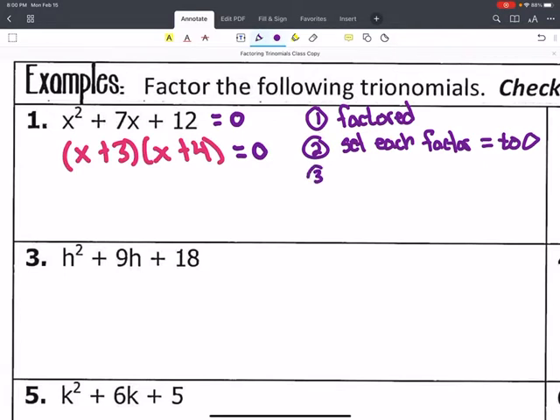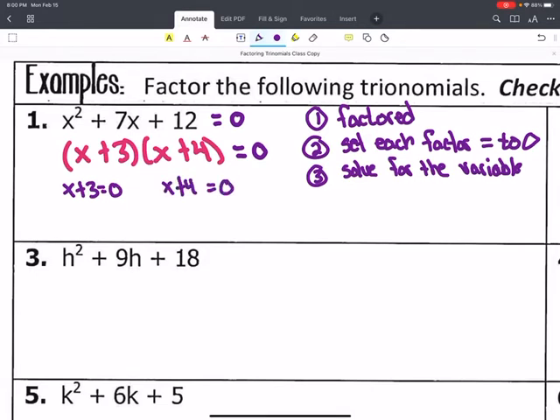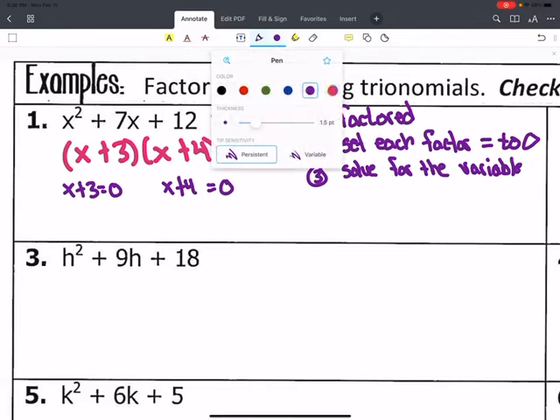And then finally, I'm going to solve for the variable. Okay, so I'm going to set x plus 3 equal to 0, x plus 4 equal to 0, because we know zero product property says one of those has to equal 0. And then I'm just going to solve.